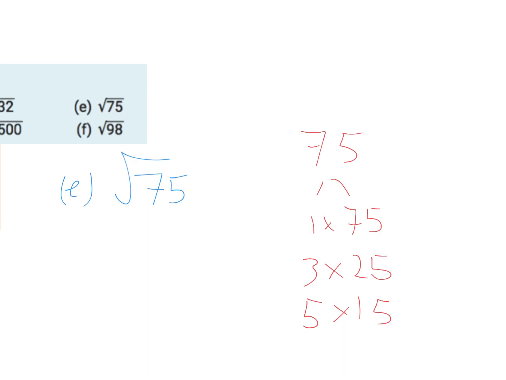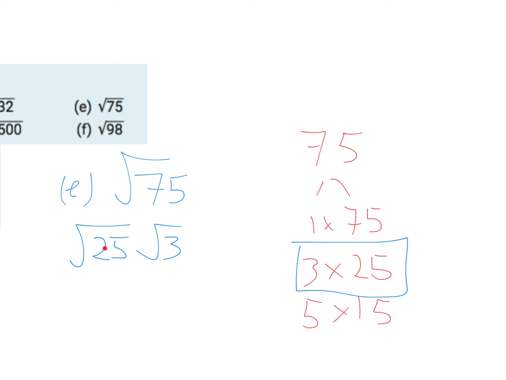So what we're doing here then really is just splitting it up. We're trying to find a nice square number basically. And 25 is a square number, so we're going to use these two. So we're going to split up our root 75 using surd law 1. It's root 25 times by root 3.